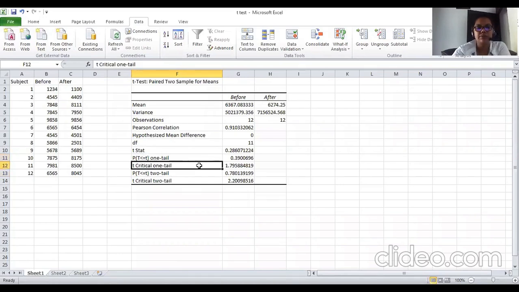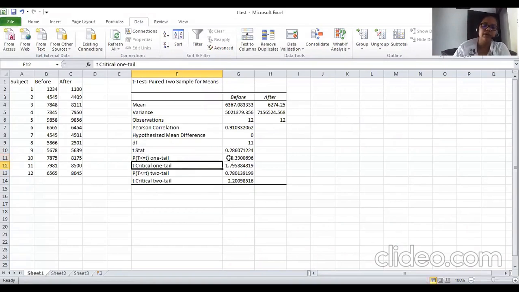If you are going to have a certain direction, that means you are going to look at whether the value is greater than one value or below a value. If that is the case, you have to choose the one tail values.